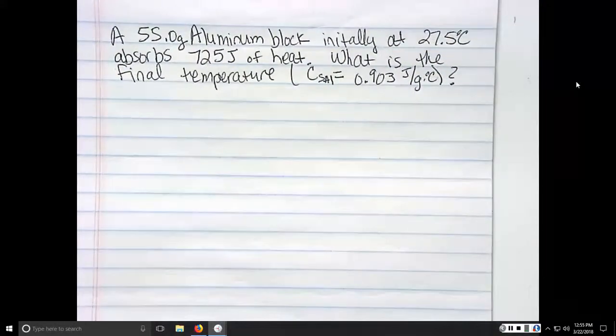I'm telling you right now, I love this type of problem. This particular type of specific heat problem. I just like it.